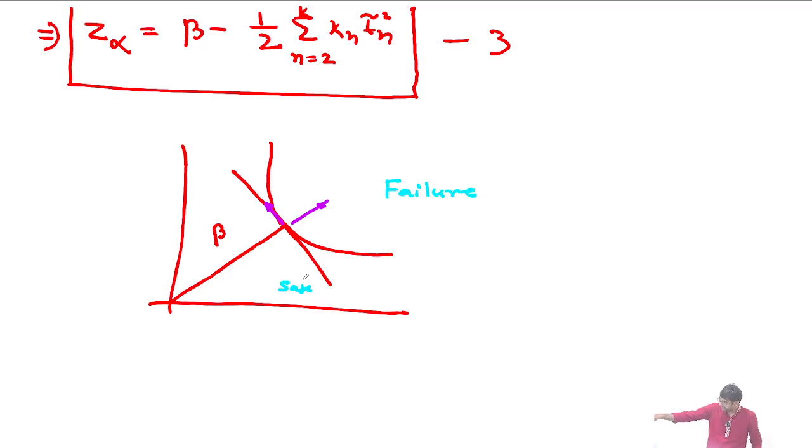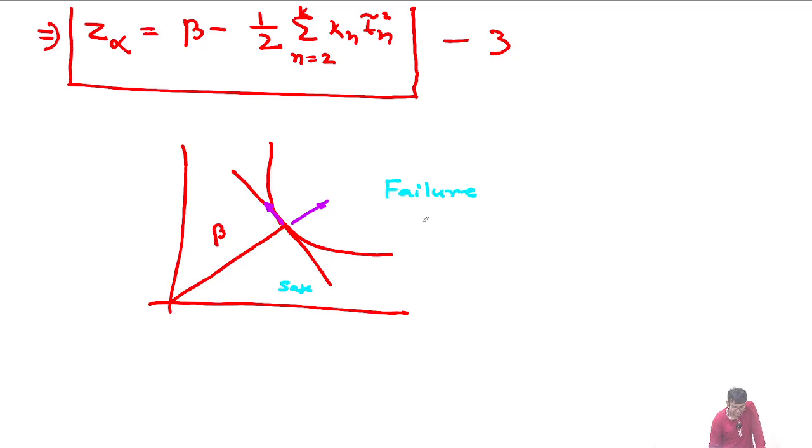I am not going into the conflicted area, the area of conflict, which will overestimate or underestimate. Correct. If alpha transpose Z is greater than beta, that means that point is in the failure domain, which means Z alpha greater than beta is the failure domain.